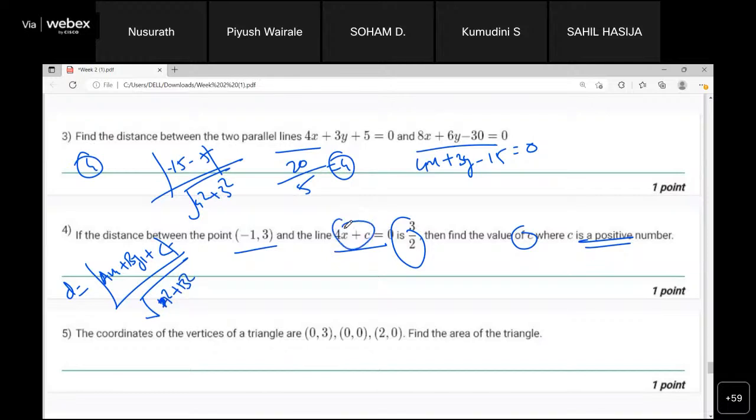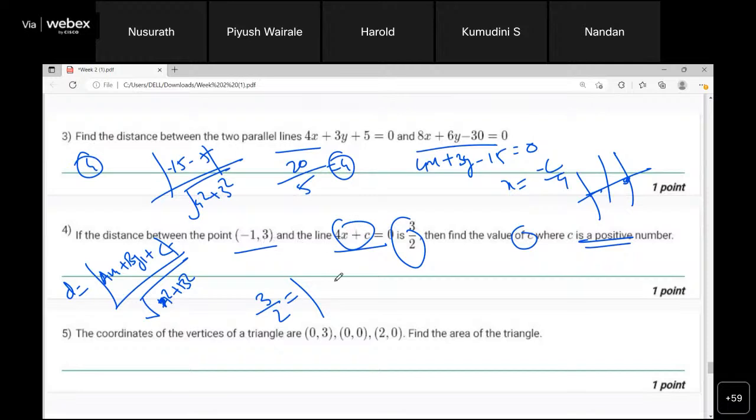And the line given to us is 4x plus C, minus 4. The distance is 3 by 2. The y coordinate is 0, right? So it is basically this line only, x equals minus C by 4, parallel to the y axis, right? Or if it is negative, on this side. Just try to find out.